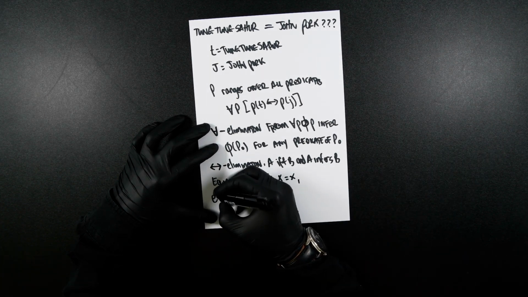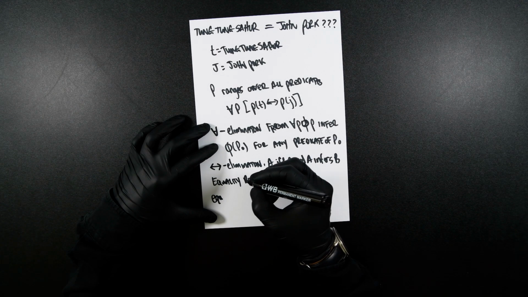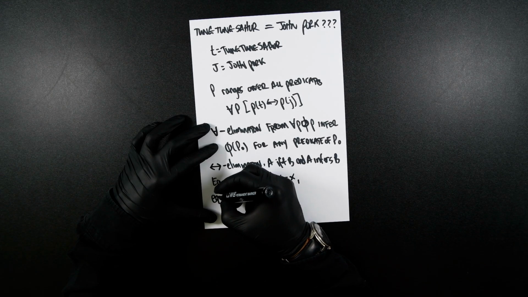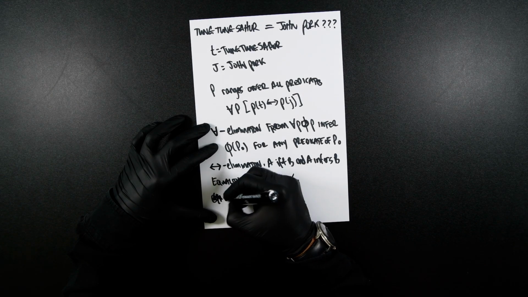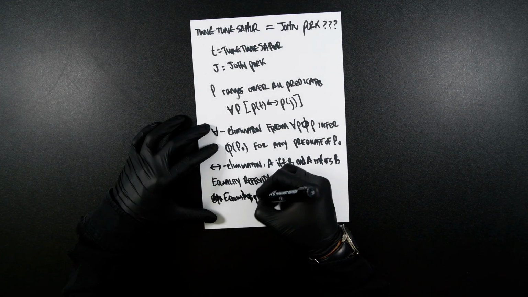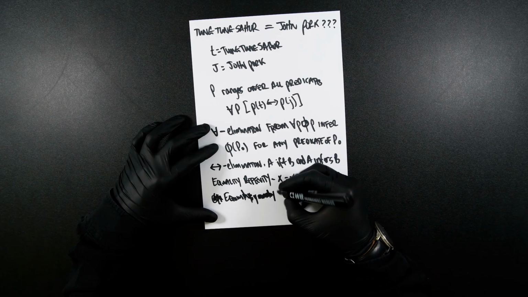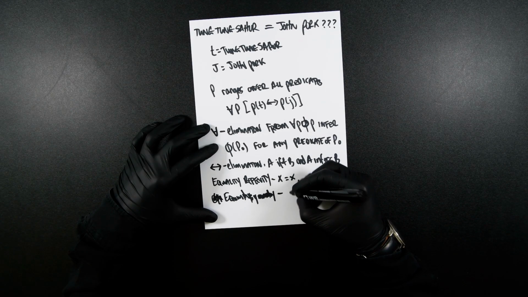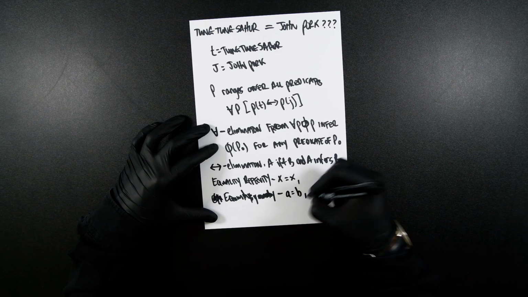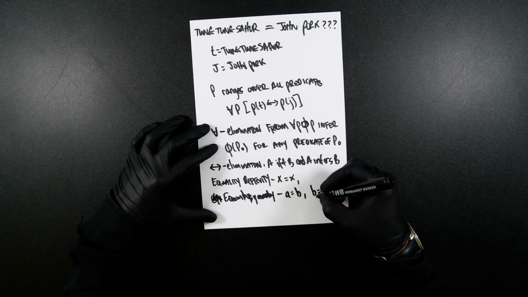And then we have equality symmetry. So this basically means that A equals B and B equals A. So you can swap those around.